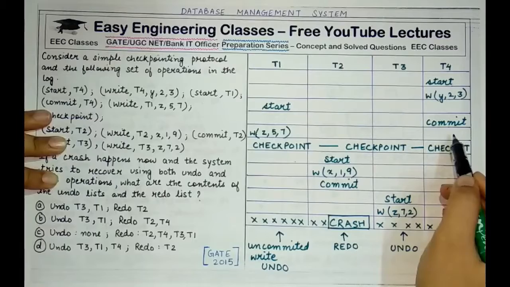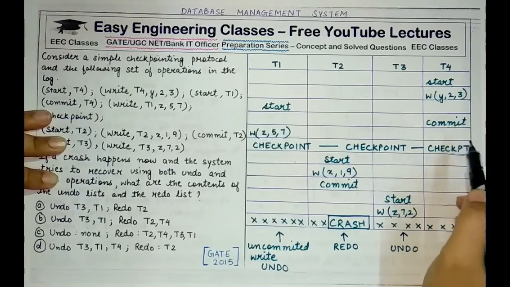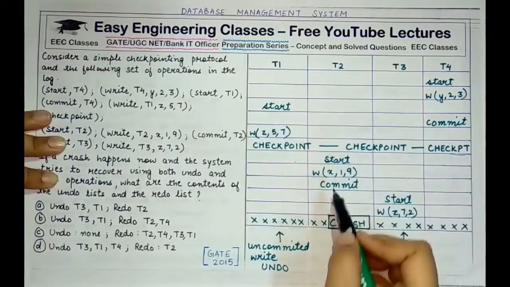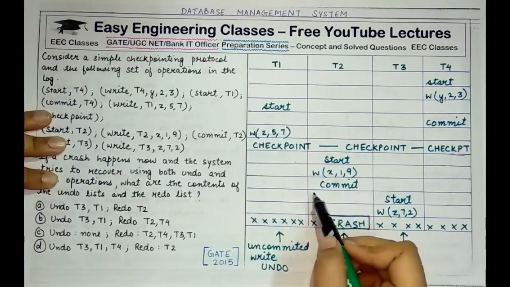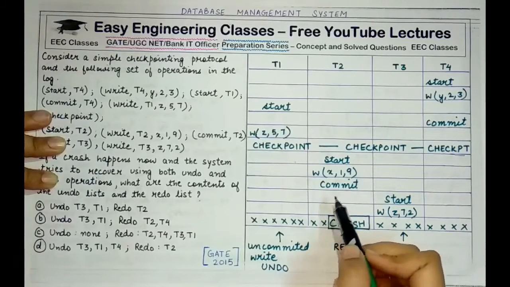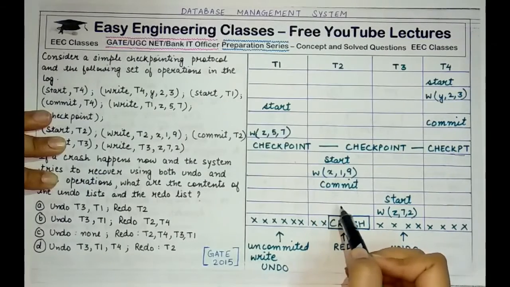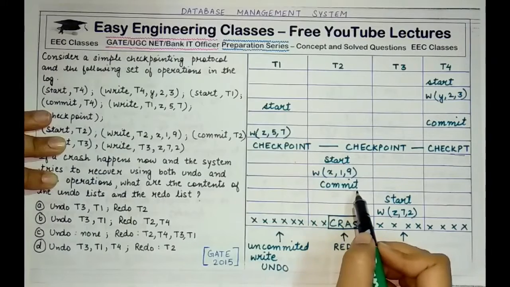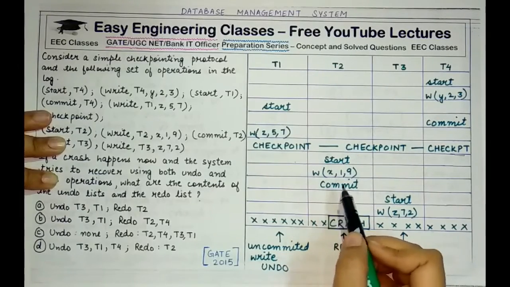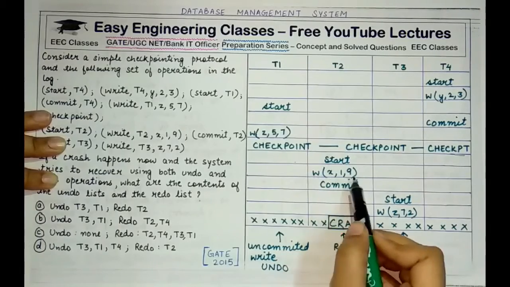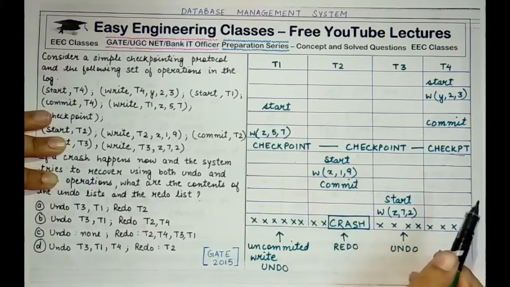So in such a scenario, in case of T4, it will not be put in the redo list. Okay, but in case of T2, T2 also started, performed its write and then commit operation, but there was not a checkpoint. Since there is a commit operation, that means T2 completed, but its changes, the write operation, were not written to the disk.